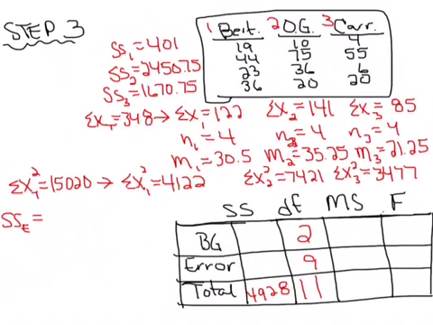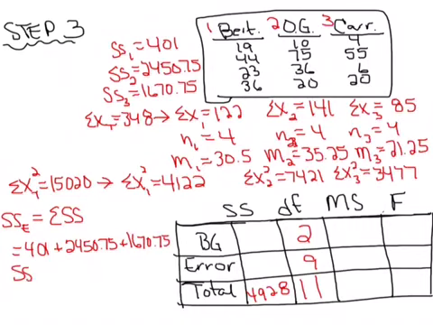Basically this is as simple as the sum of all the sums of squares. So we have the 3 different sums of squares. So it ends up being 401 plus 2,450.75 plus 1,670.75.